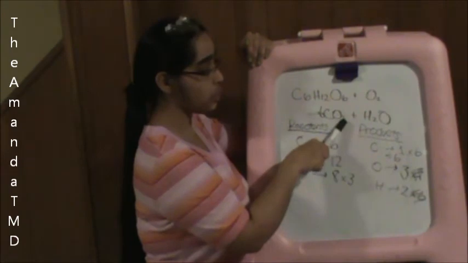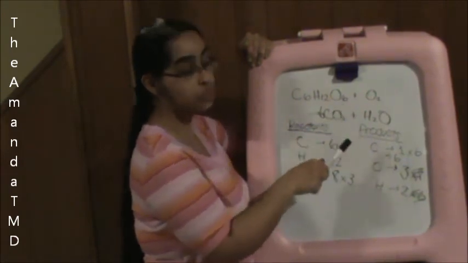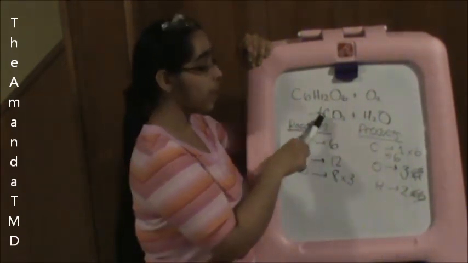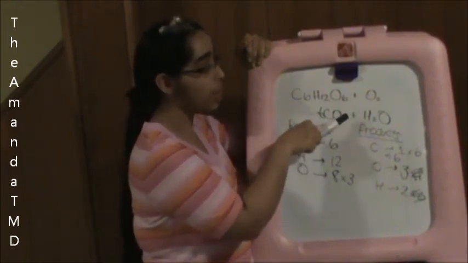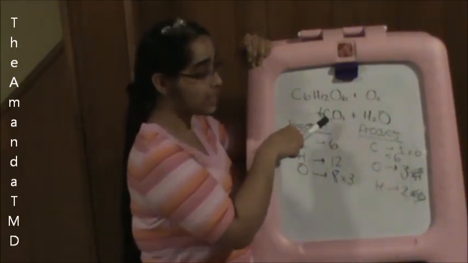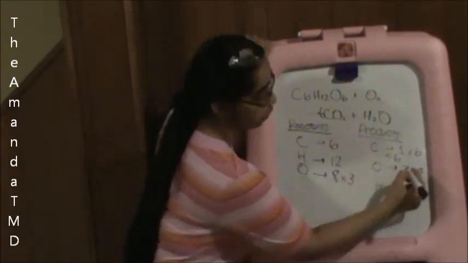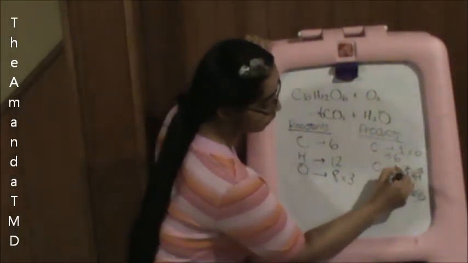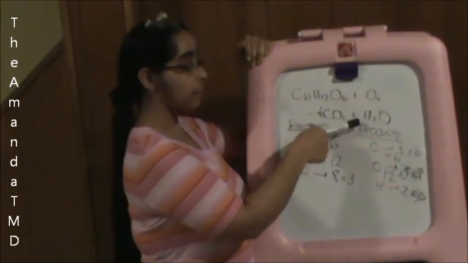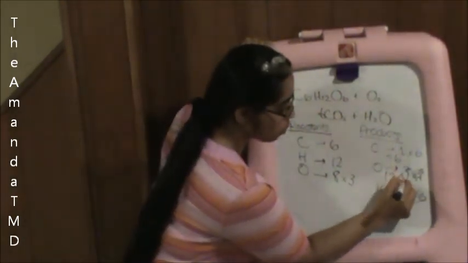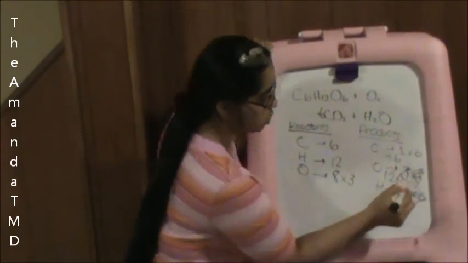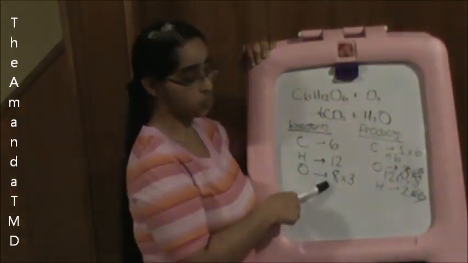So since you have 2 oxygens from your CO2 originally, but I now have 6 carbon dioxides, I multiply the 2 by 6, and that gives me 12 oxygens on this side now, no longer 3, plus 1 for my water, which gives me a total of 13 oxygens, which is way more than 8.